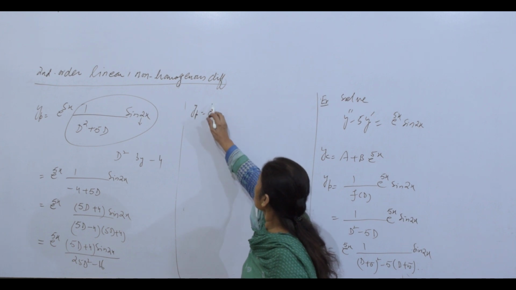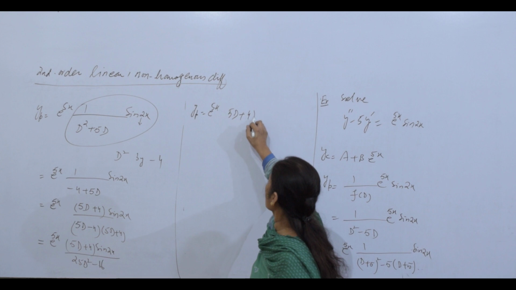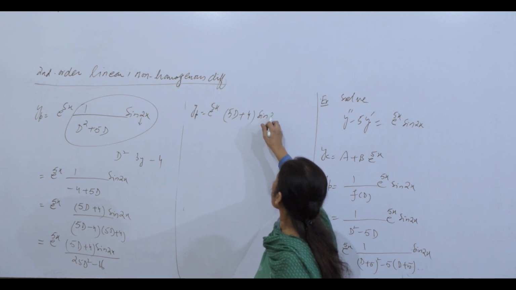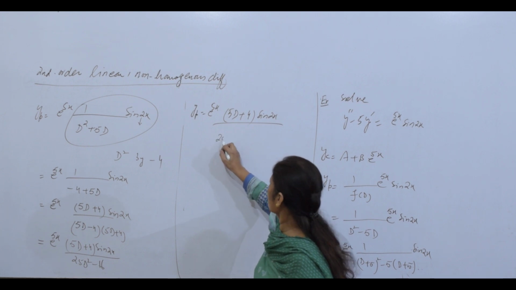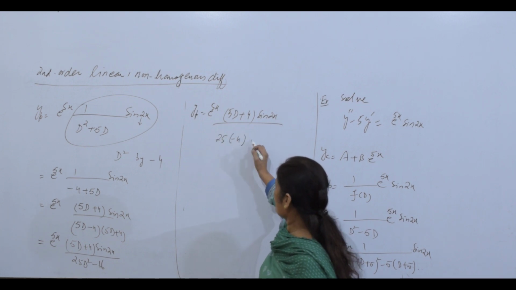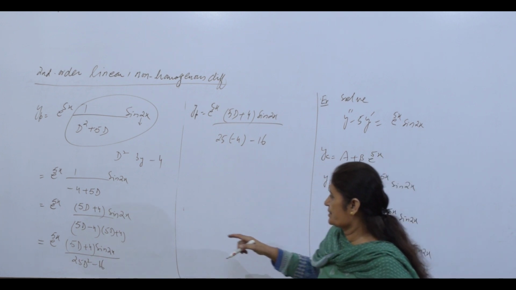So this is e^5x, (5D plus 4) sin 2x, over 25 times minus 4 minus 16.